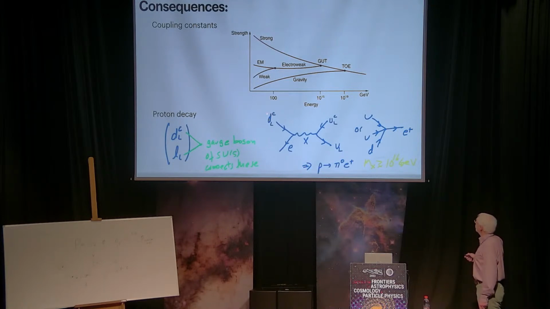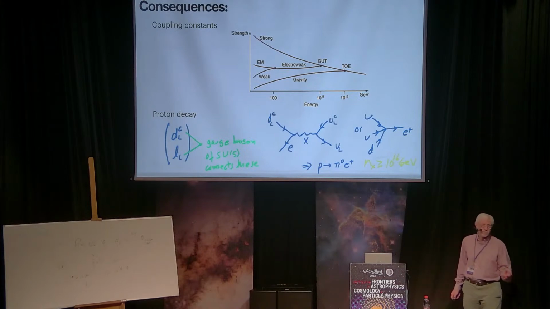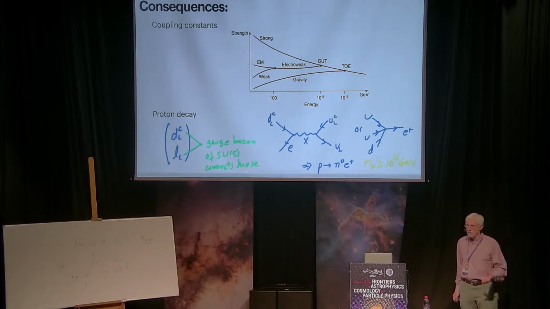And you notice that this thing, if we write it differently, has 2 up quarks and a down quark going in, and an electron going out. This can mediate proton going to pi 0 plus positron, it violates baryon number, it violates lepton number, and it can give rise to proton decay, which is a disaster, because protons, as far as we know, are stable.